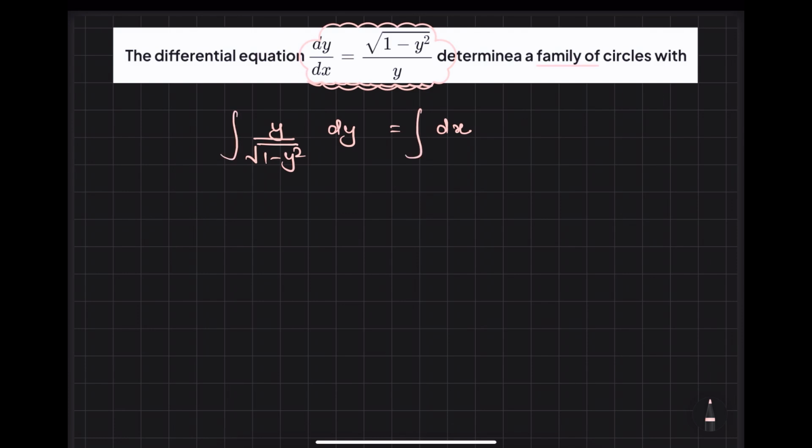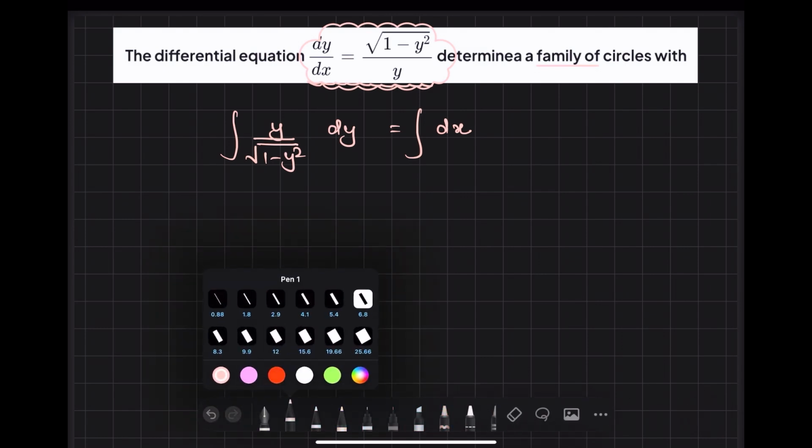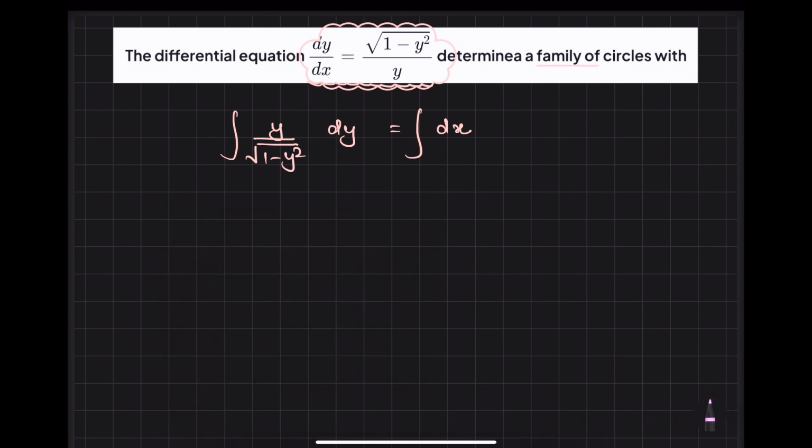Now you know that while doing integration we majorly use substitution, right? If you observe inside the root, the ugliest part is the root. So whatever is written inside the root, I will treat as z, and to get rid of this root I will use z square.